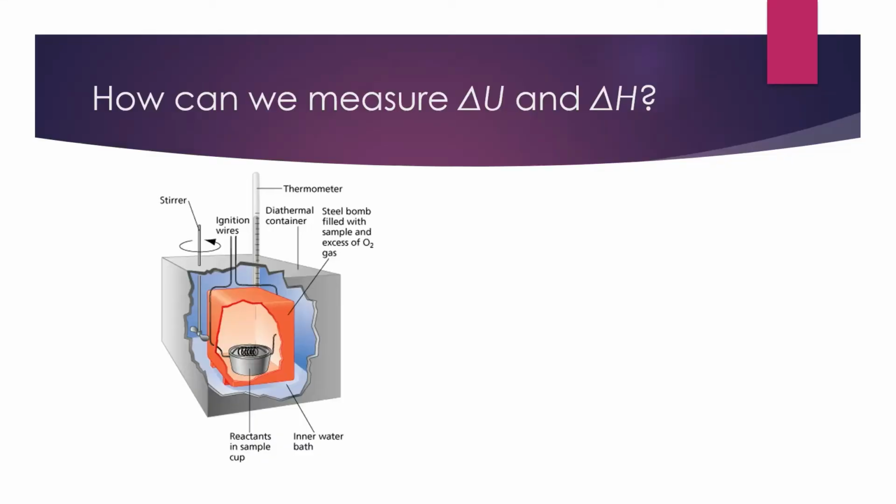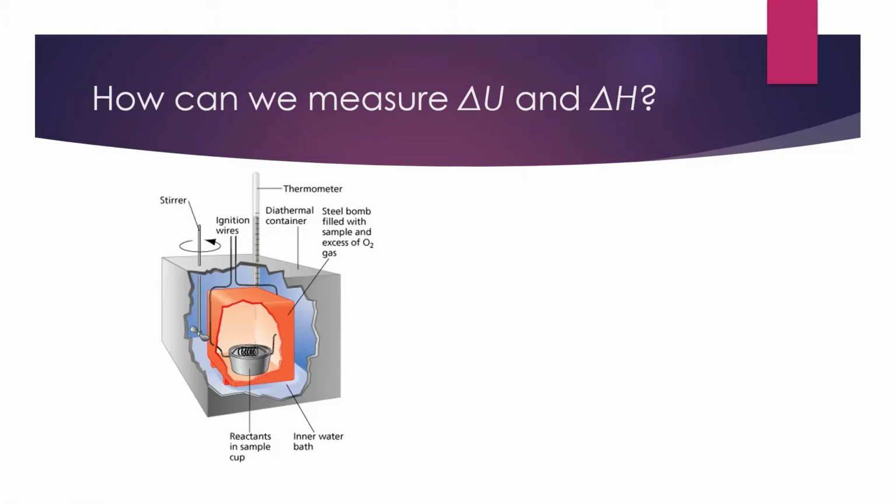The last question we'll go over today is how do we actually experimentally measure the change in internal energy and enthalpy? We'll use a setup shown here called a bomb calorimeter, and we'll actually do this in lab 2. The way bomb calorimeters work is we add a small sample of a combustible material into a rigid vessel, as shown here, and pump it full of oxygen.